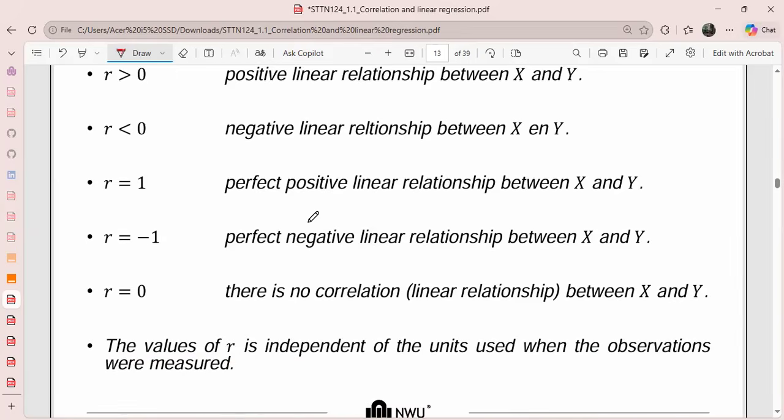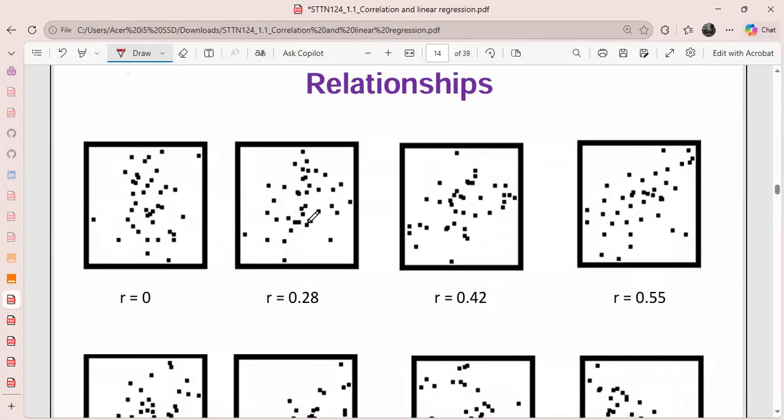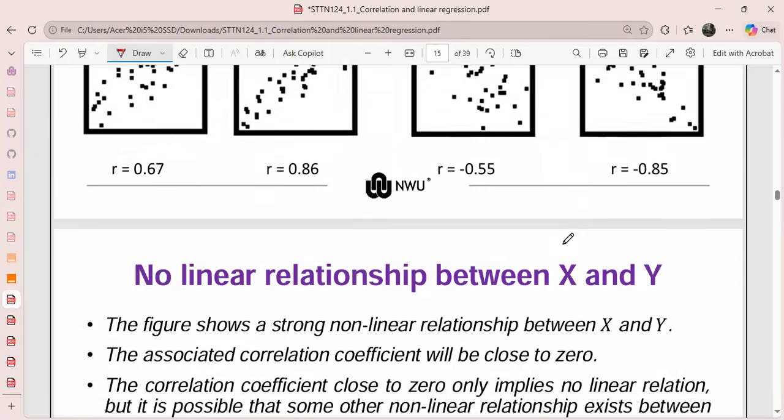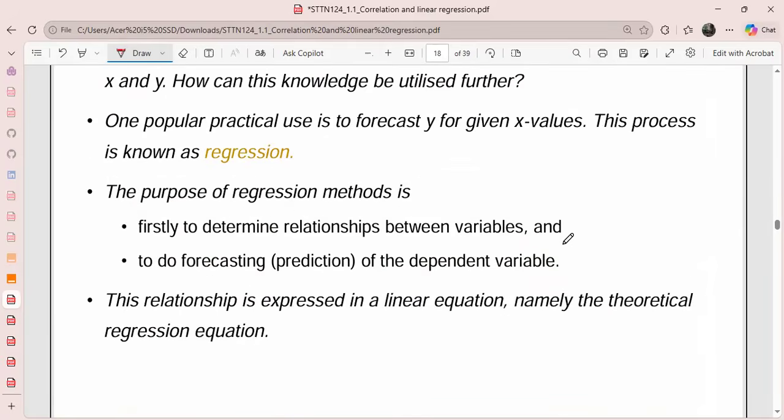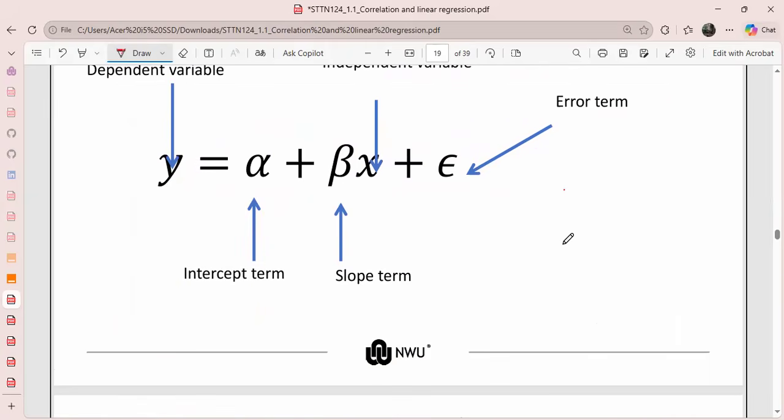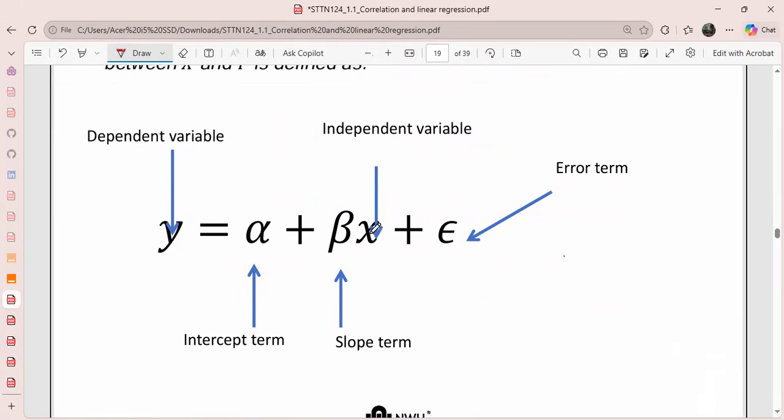Okay, then let's say that's how you look at the relationship, and then the linear regression. When you were doing the linear regression last semester, you were using the formula y is equal to a plus bx, and you were using a calculator to get the value of a.